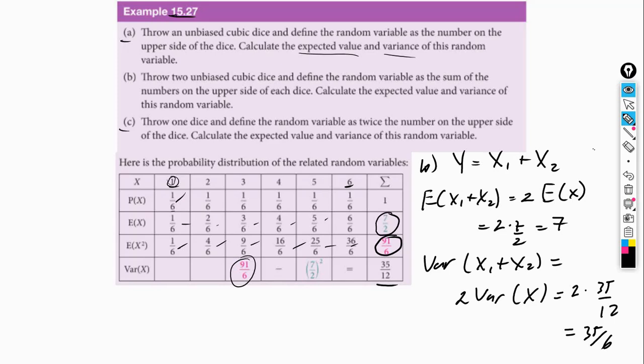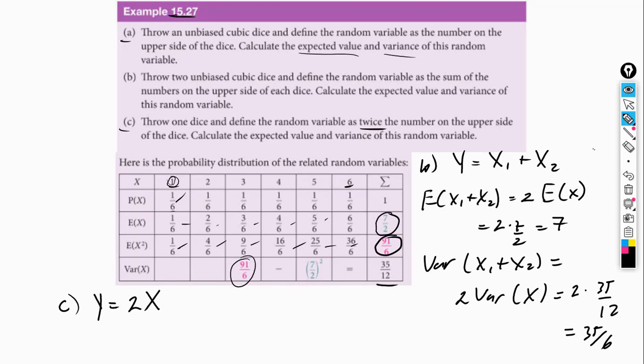For part C, it says, throw 1 dice and define the random variable as twice the number on the upper side of the dice. Calculate the expected value and the variance of this random variable. So notice that we could define this as y equals 2 times x.